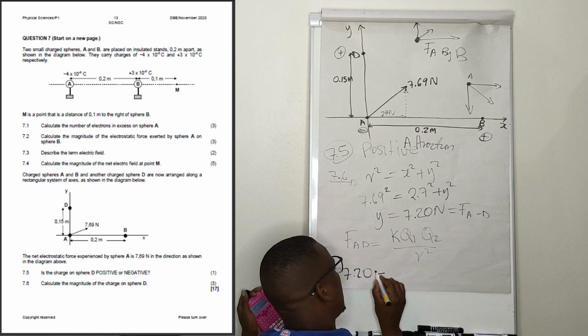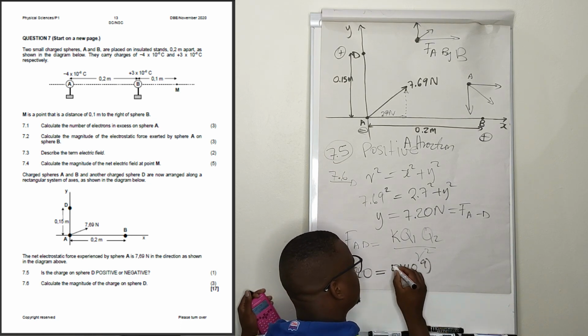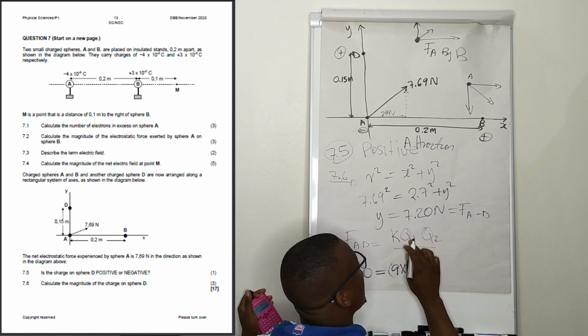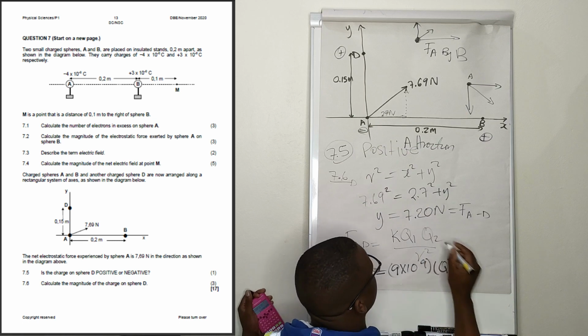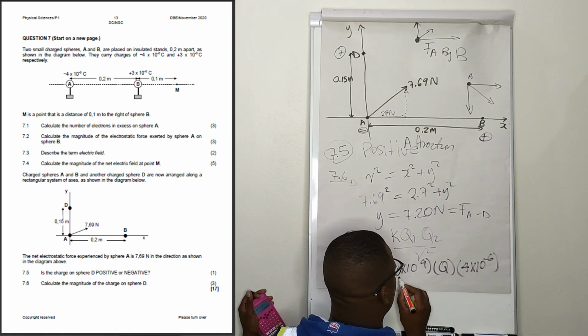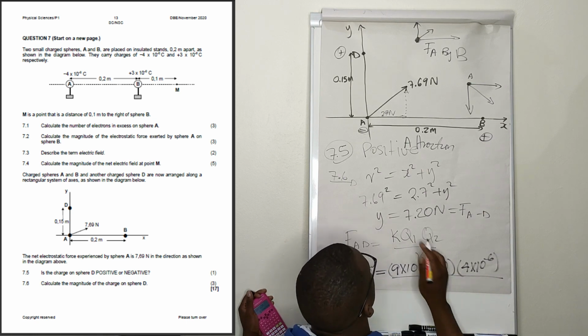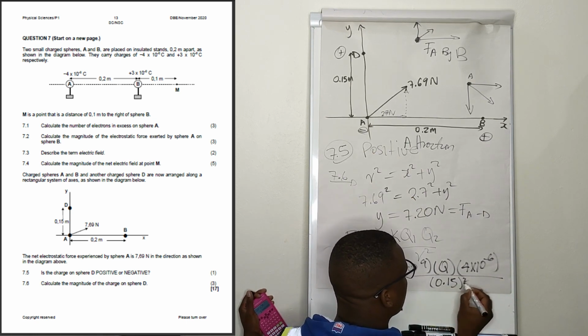7.20 is equal to K, which is 9 times 10 to the 9, times Q1, which is what we don't have, times Q2, which is what we have, 4 times 10 to the minus 6, all divided by the square of the distance between them, which is 0.15 squared.